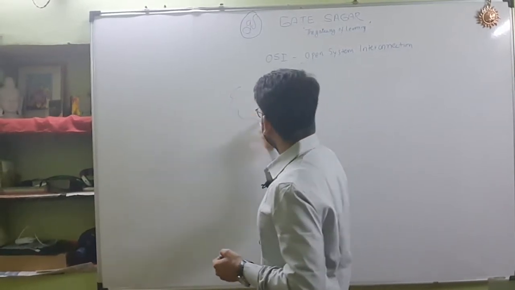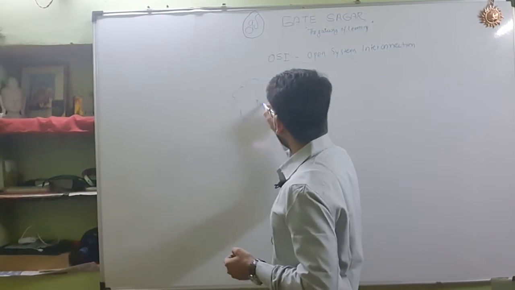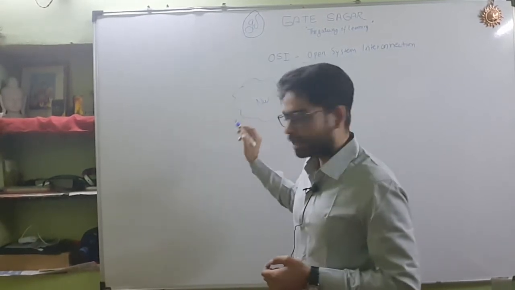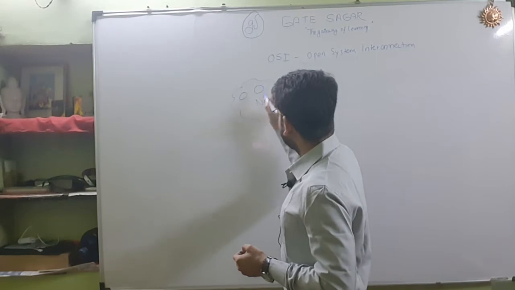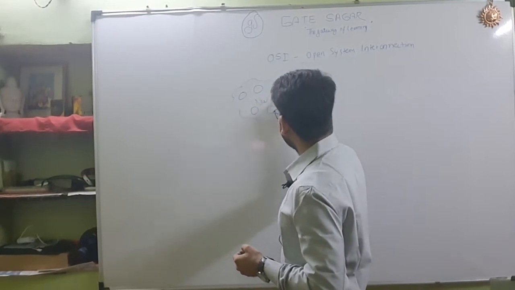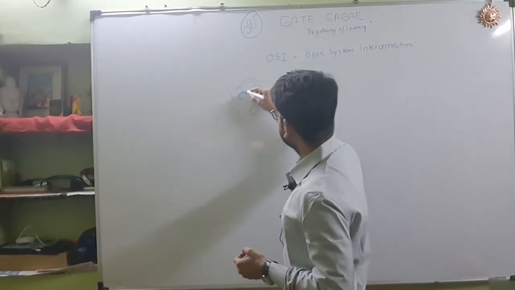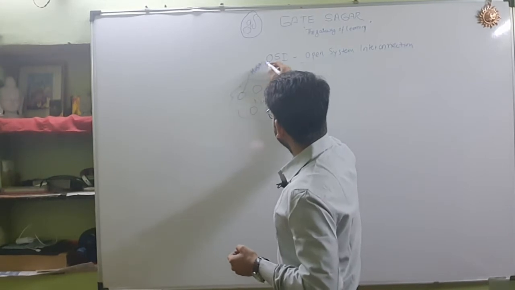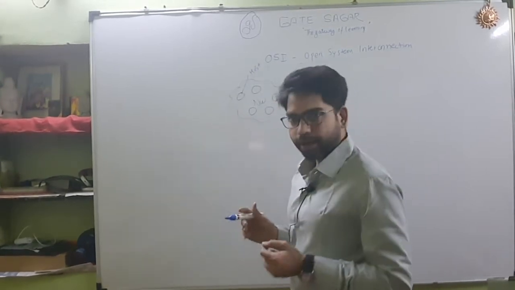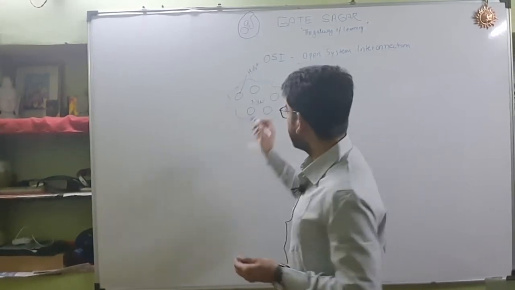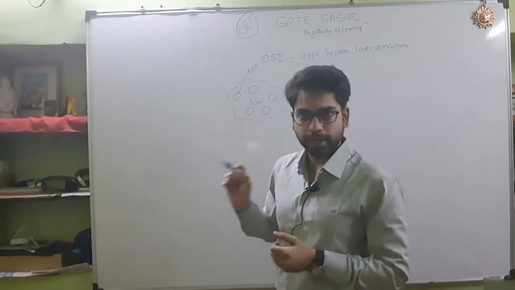We can understand with this example: there is a network and in this network there are 5 devices, network devices. We can say any host. Each host is ready to communicate and is part of the network, connected to the network.